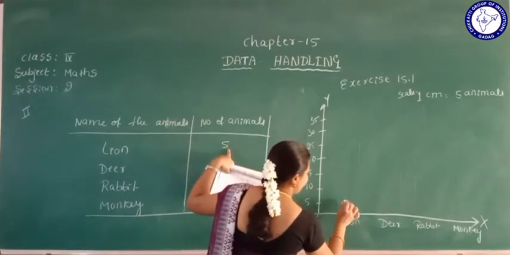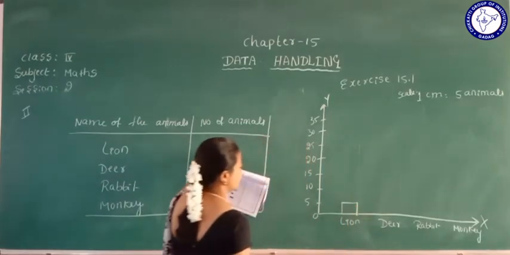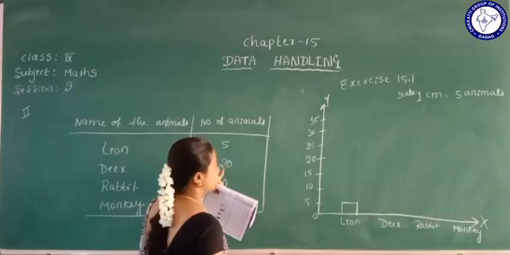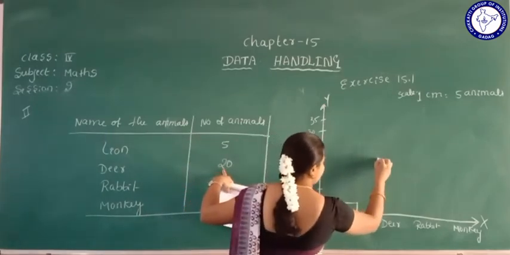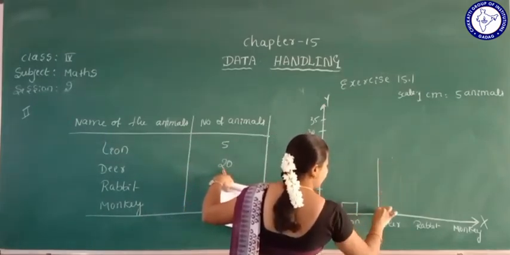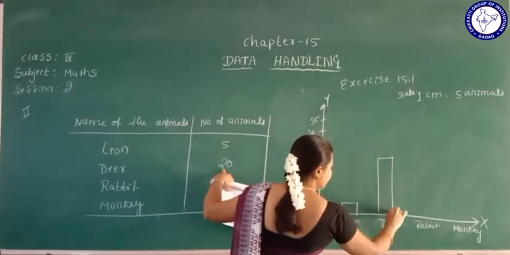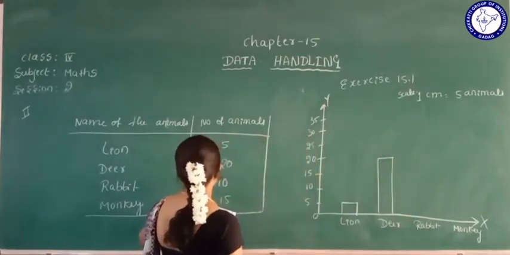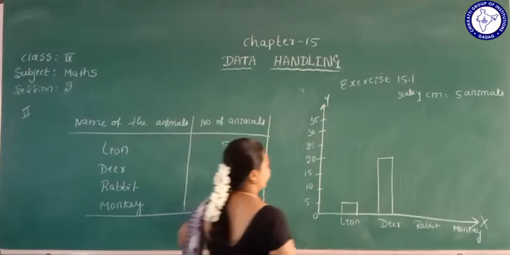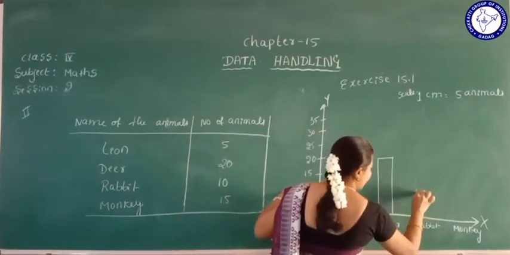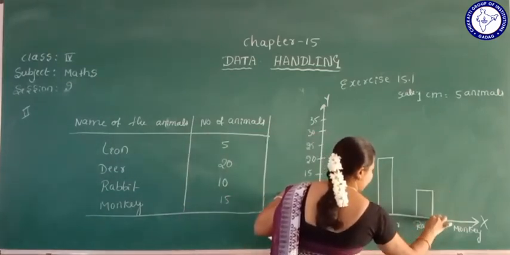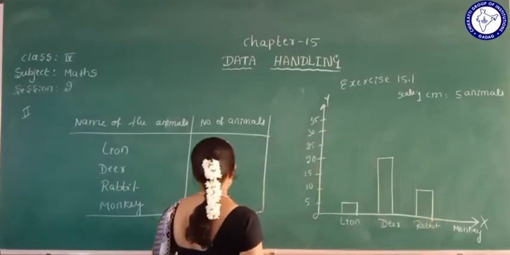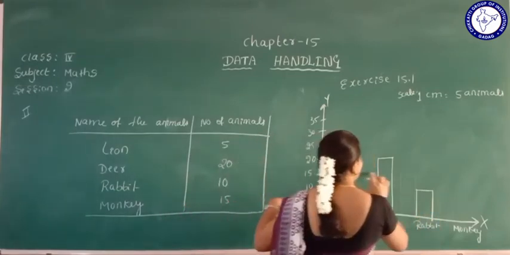So only 5 for lions. And deer, how many? 20. So we'll draw 20 for deer. And rabbit, how many? 10. So 10 for rabbit. And monkeys, those are 15.